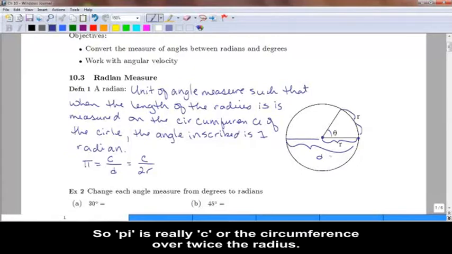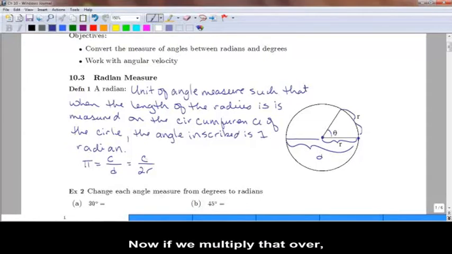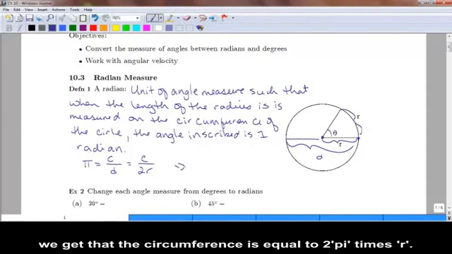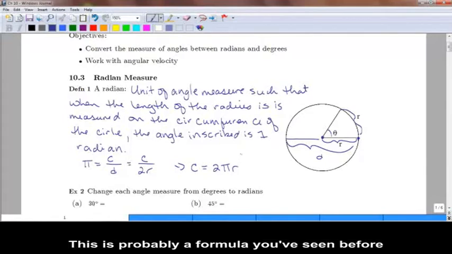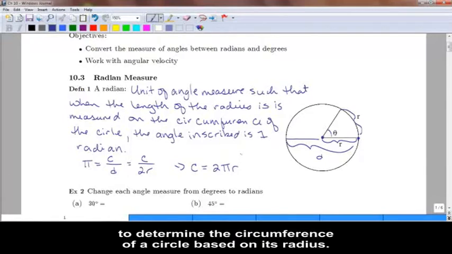So pi is really c, or the circumference, over twice the radius. Now if we multiply that over, we get that the circumference is equal to 2 pi times r. And this is probably a formula you've seen before to determine the circumference of a circle based on its radius.